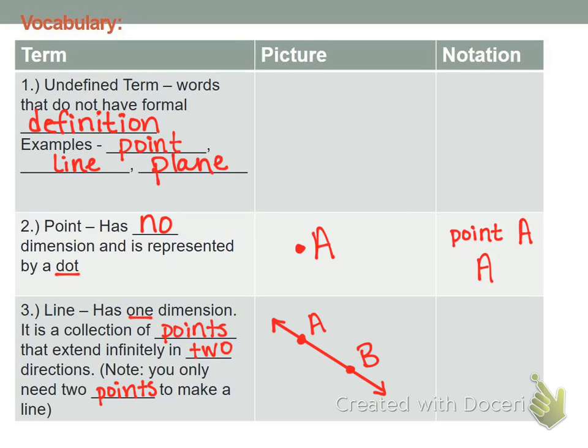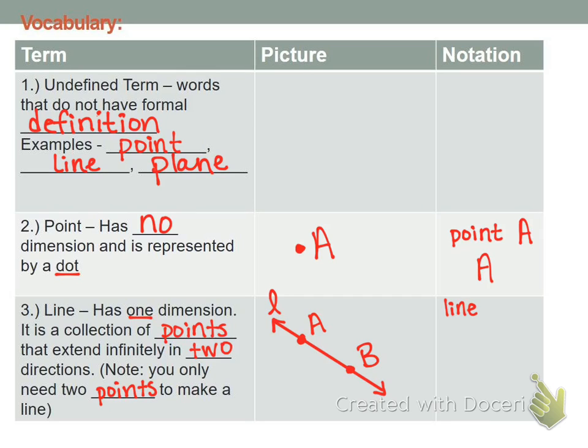You may also see a small cursive lowercase letter near one of the arrows. So I'll use a cursive L. That is not a point, that is talking about the line. So our notation, we have a few different ways that we can talk about it.